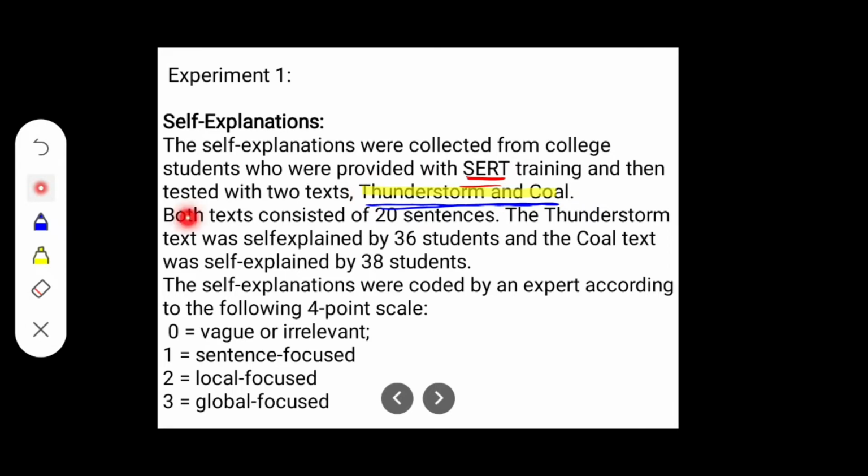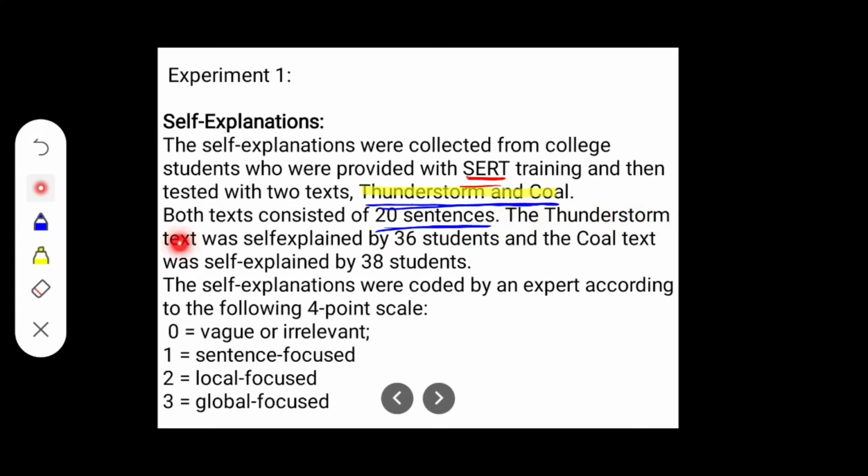Both texts consisted of 20 sentences. Thunderstorm consists of 20 sentences, and coal also consists of 20 sentences.